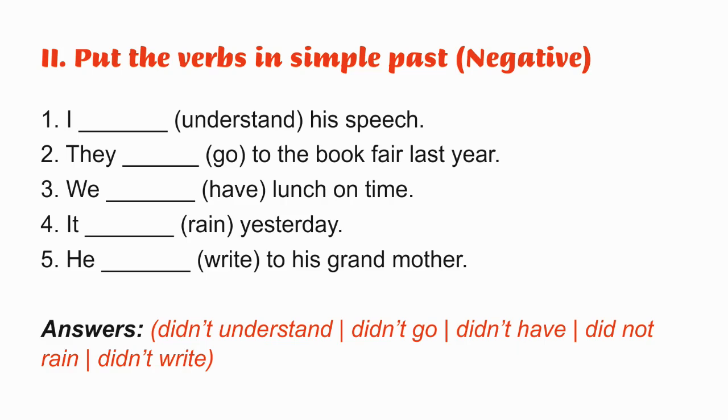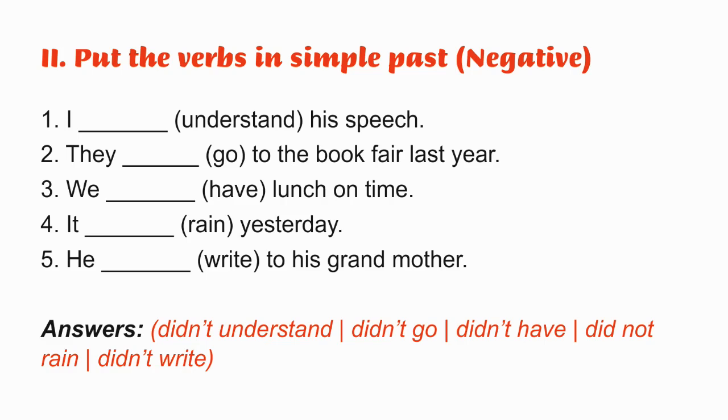We can either use the helping verb and not as did not, otherwise the short form of it, the contracted form, didn't. So subject, did not or didn't plus base verb given. Here we go with the sentences.